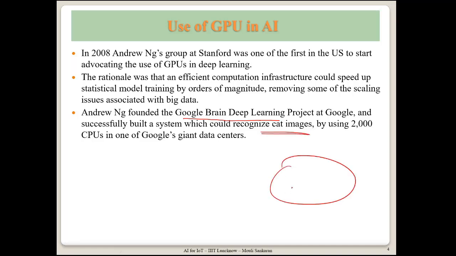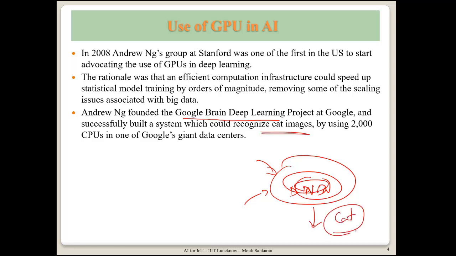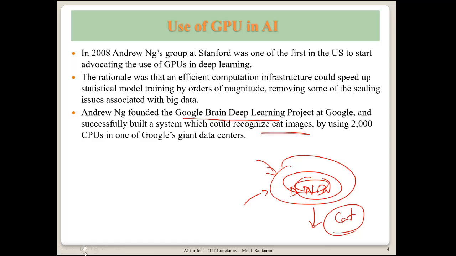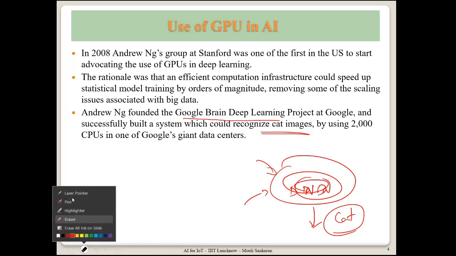He fed the DNN with lots of cat images and trained the network so that it will automatically identify a cat image if it is given a new image with a cat in it. To do that, he made use of some 2000 very powerful CPUs for performing the job.